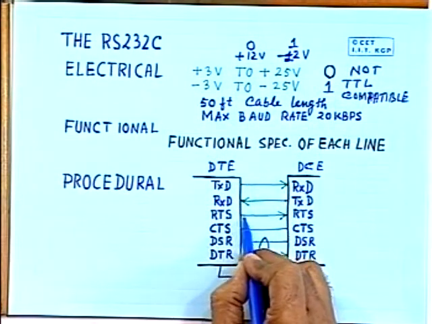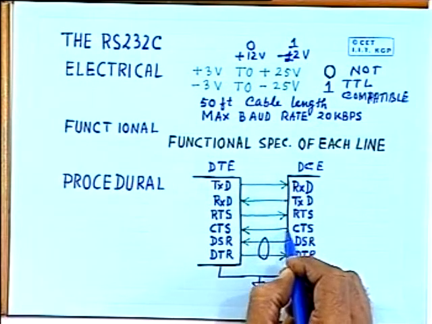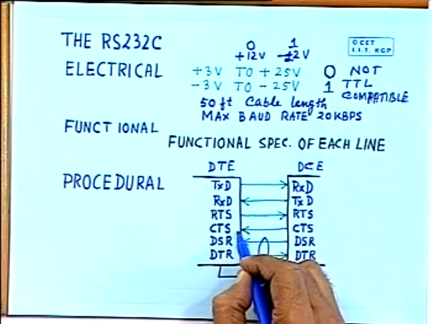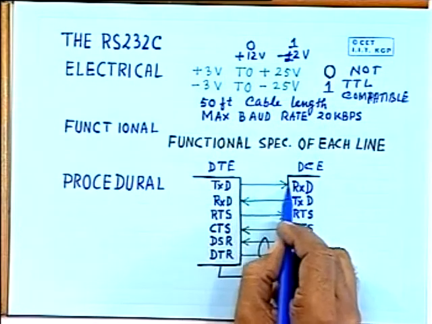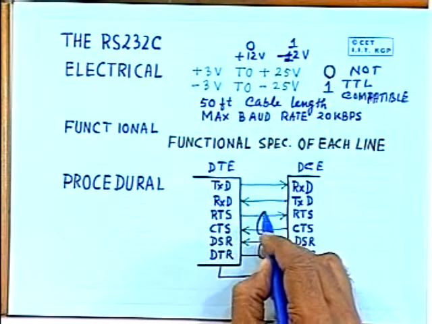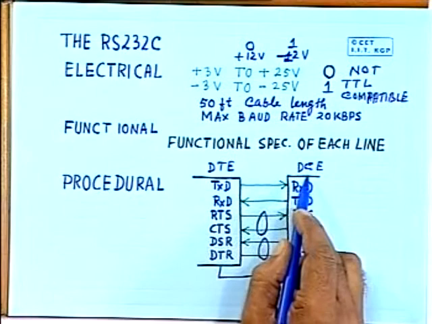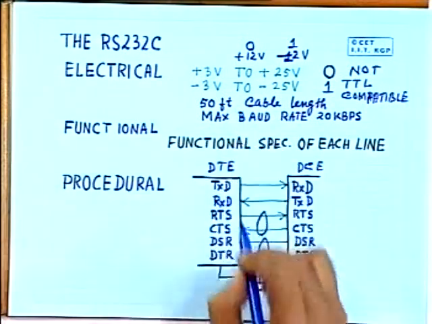Then again it will send a request to send to the DC, and only after CTS comes from the DC, it will send another character of data. So this is how these two pairs of lines are used for handshaking of data transfer between DT and DC. So this is the procedural part of the function. So this is how the data communication is done in RS-232C.